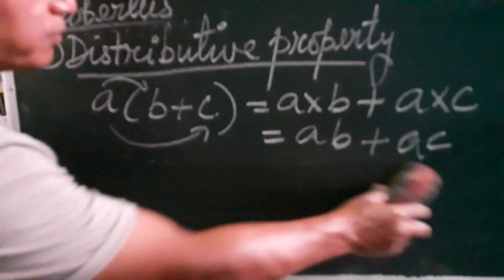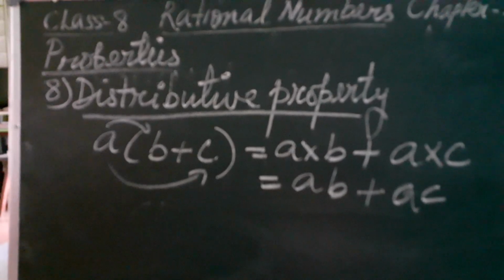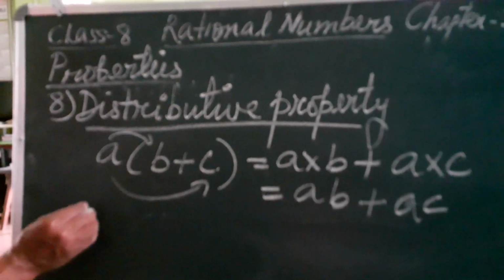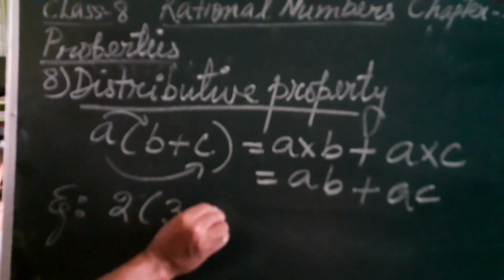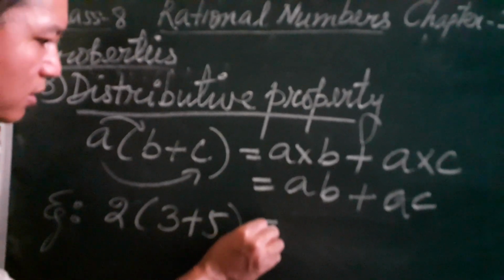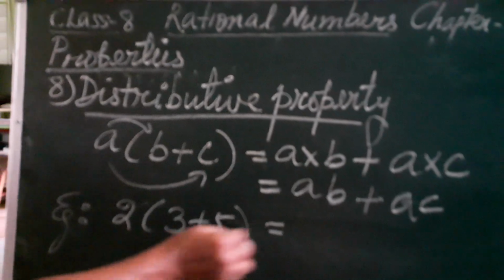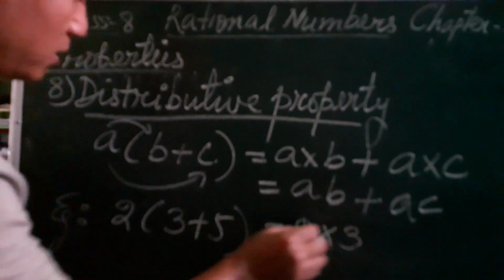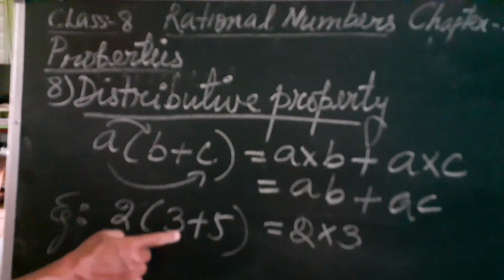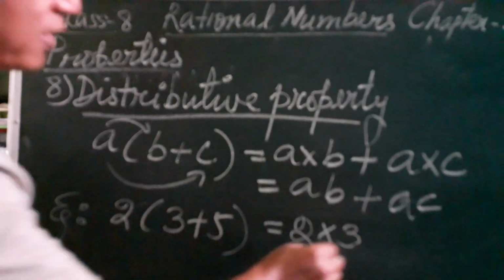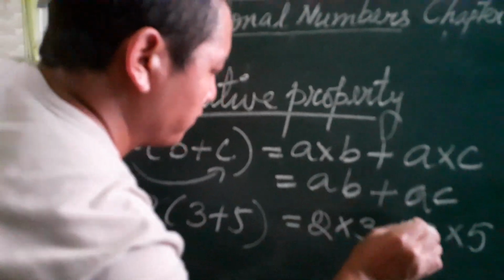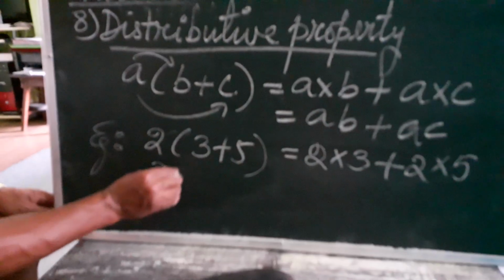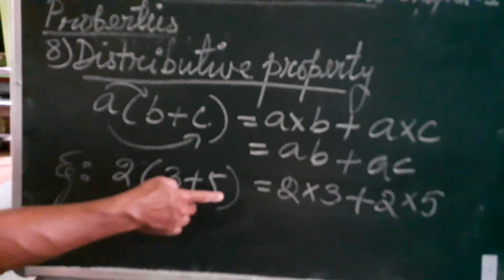For example, 2 into 3 plus 5 will be the same as 2 into 3 plus 2 into 5, where 2 distributes over 3 and over 5. 2 bracket 3 plus 5 is 8.